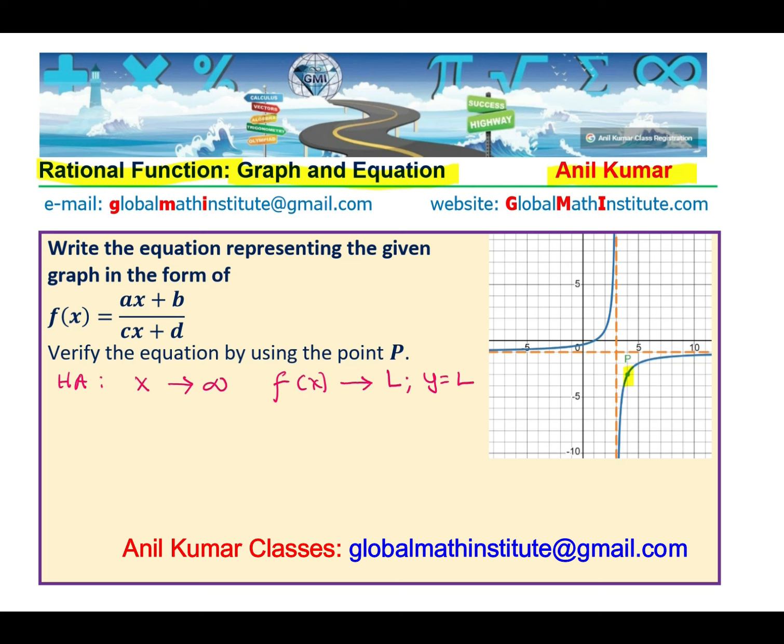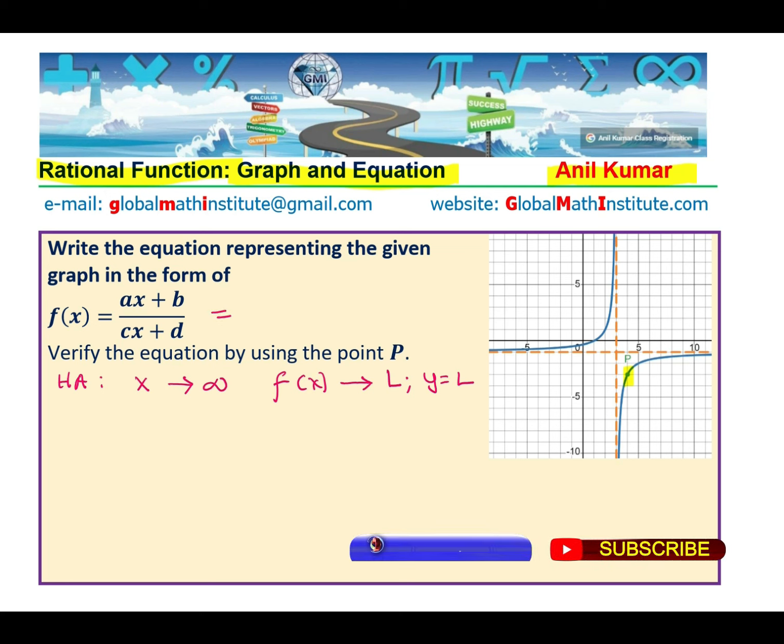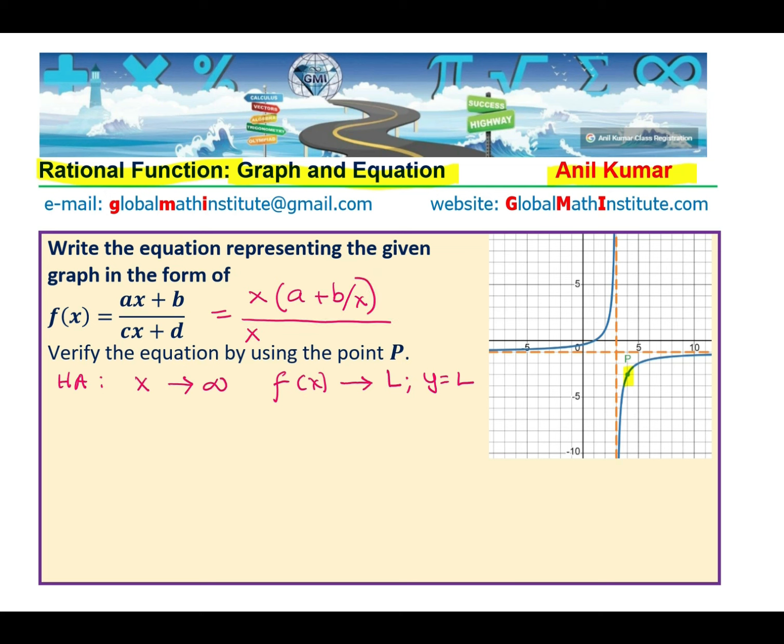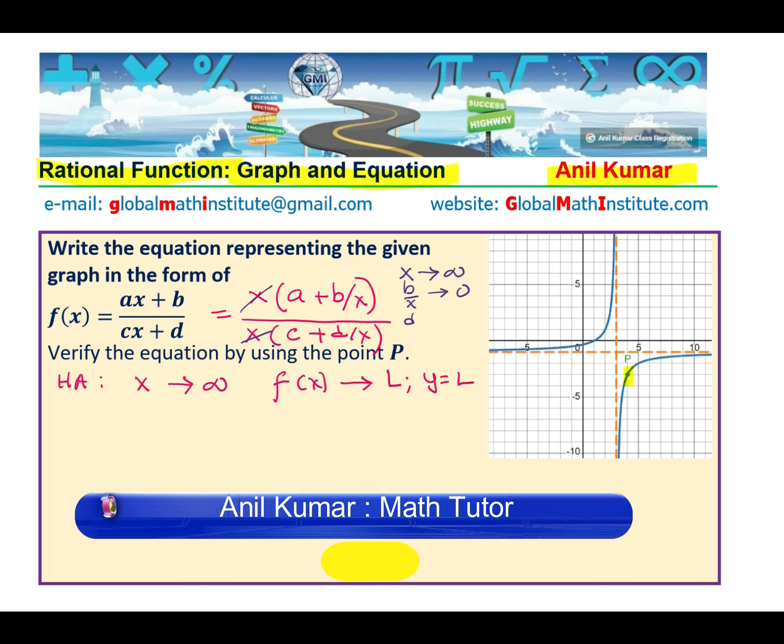Now, you can always rewrite this expression by taking x common. If you take x common, you get a plus b over x in the numerator. In the denominator also, taking x common gives you c plus d over x. Clearly, you could cancel the x's. So you have a plus b over x, and c plus d over x. Now what happens when x approaches infinity? b over x approaches 0, and even d over x, anything over x, will approach 0.